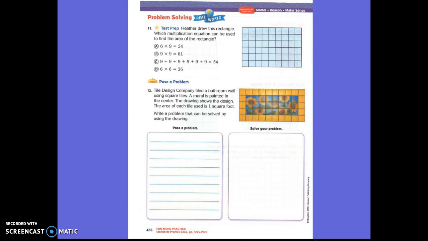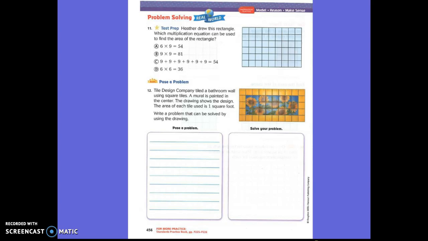The drawing shows the design. The area of each tile is 1 square foot. What will the label be? Square feet. Thank you.